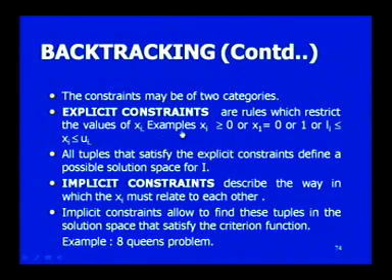For example, I can put an explicit restriction that x of i should be greater than or equal to 0. If that is the case, I am forcing the variable x to have values only above 0. So, all the tuples that satisfy the explicit constraints define a possible solution space.